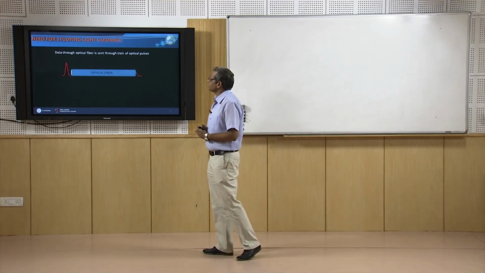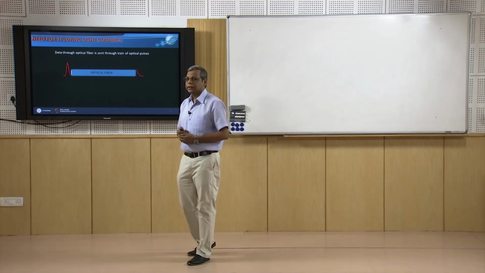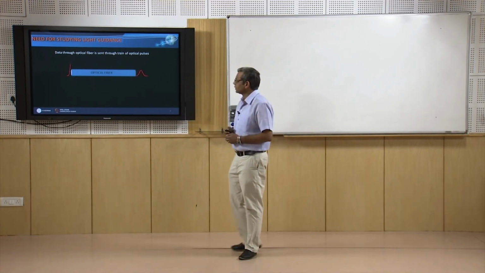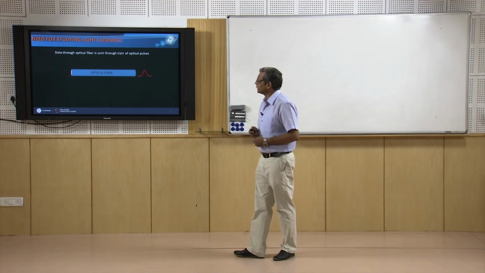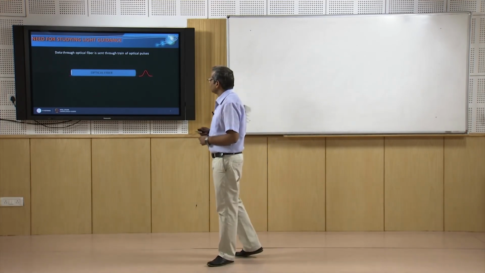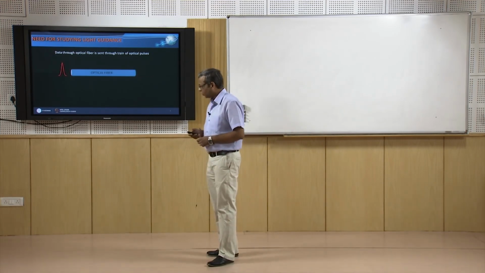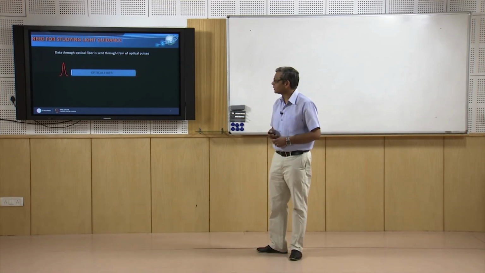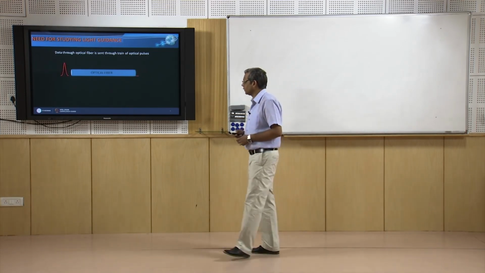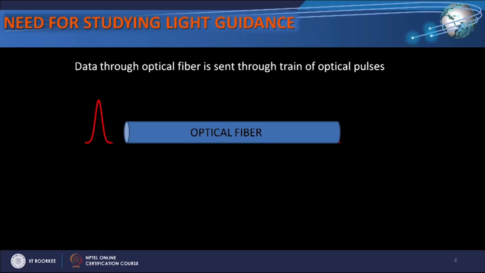Now the question is, what is the need for studying light guidance in the fiber? Well, when we send data through optical fiber, it is sent through train of optical pulses, and we need to know what happens to these pulses when they travel through optical fiber.